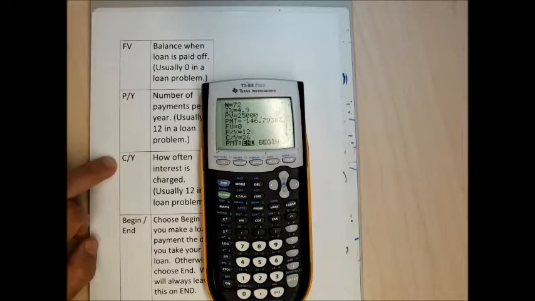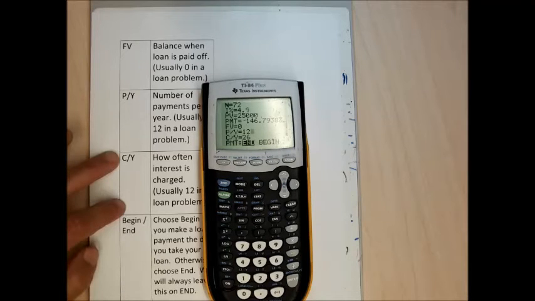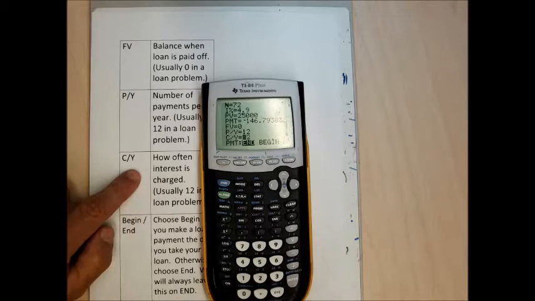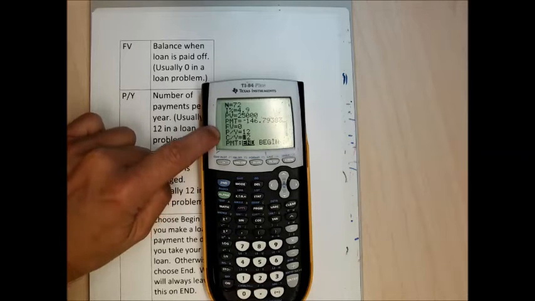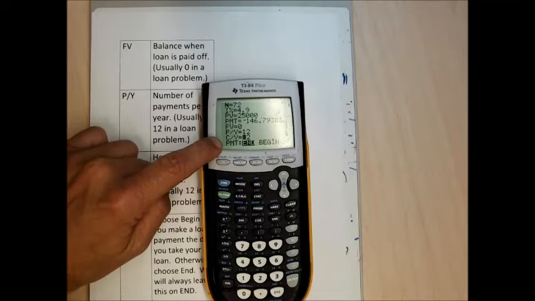My calculator usually assumes that the PY, the number of payments per year, is equal to the CY. And what the CY is how often you're charged interest. And generally on a house loan or a car loan, you only charge interest once per month. So when I hit enter, it says I'm making 12 payments per year, and I'm being charged interest every month, as opposed to being charged interest every day or once a year.